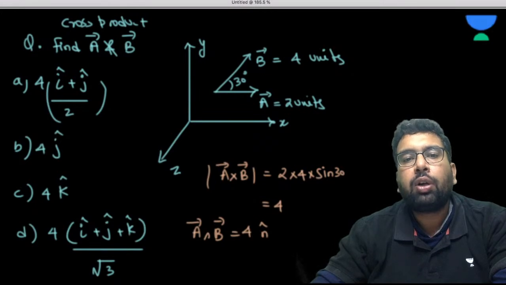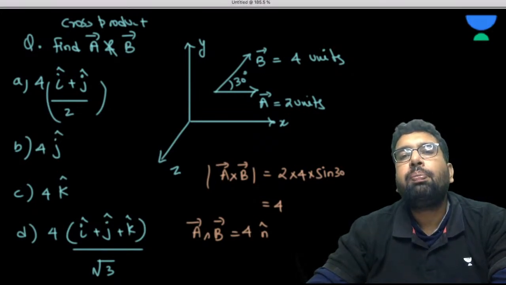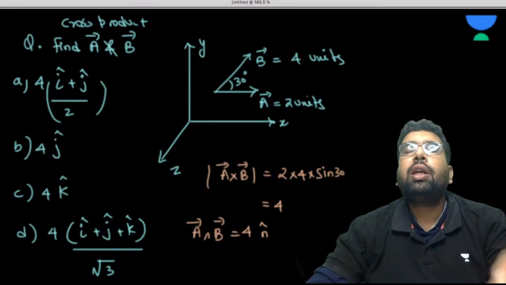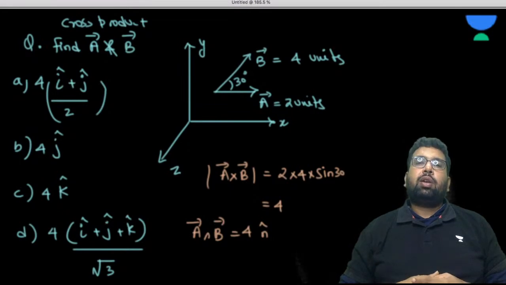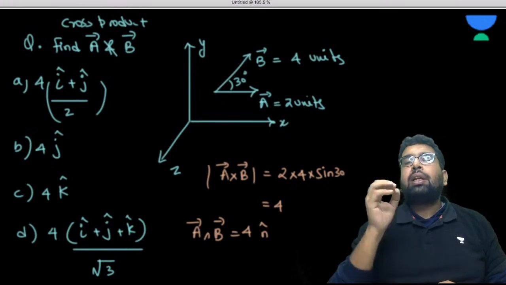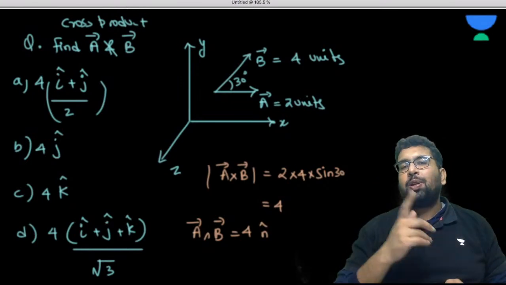Now please understand this. First of all, what I was saying is that these A and B vectors are in the XY plane. So obviously the resultant vector is going to be in the direction perpendicular to the XY plane, that is the Z direction. So obviously it is going to be K cap.